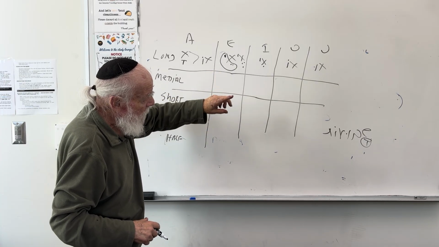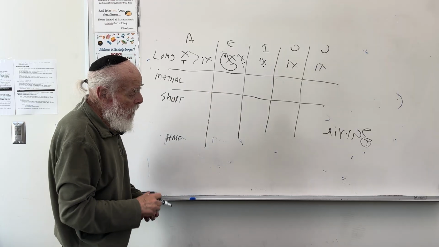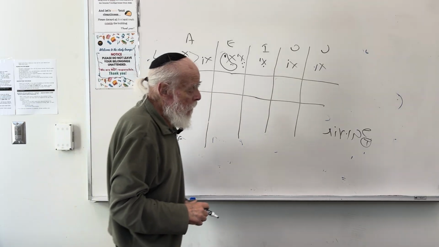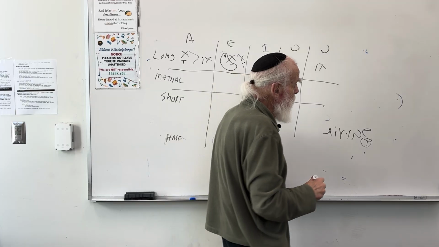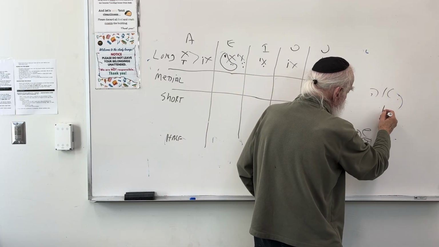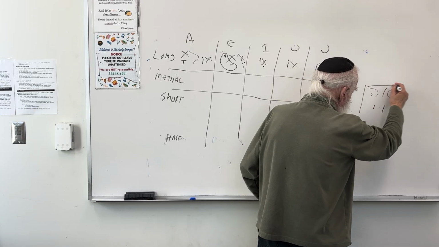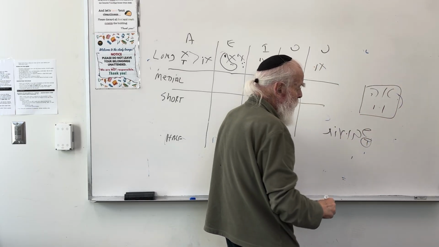The consonant vav can be that of an O or an U. And let me perhaps say this. There are 4 letters of Hebrew: the Aleph letter, the Hey letter, the Vav letter, and the Yud letter. They are not just simply consonants, they are also markers of vowels.